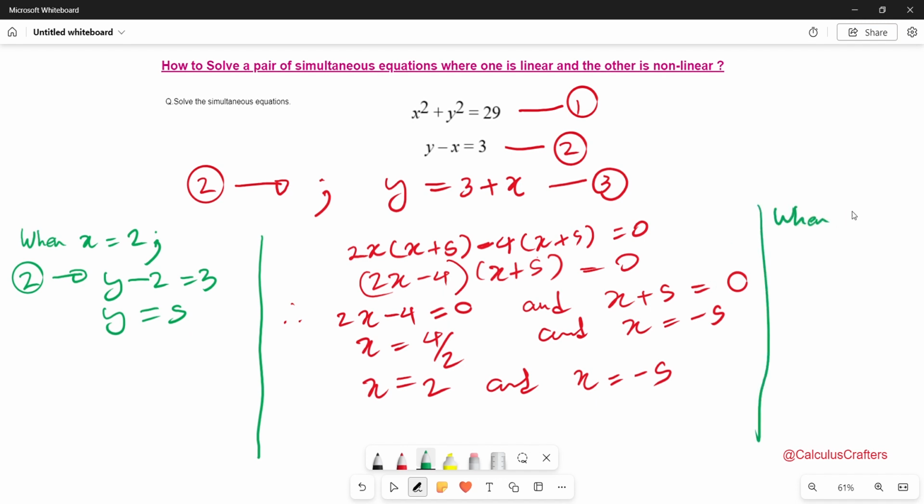When x is negative 5, from the second equation we can say y minus negative 5 is 3. What is y minus negative 5? y plus 5 is 3, then y is basically 3 minus 5, which is negative 2.